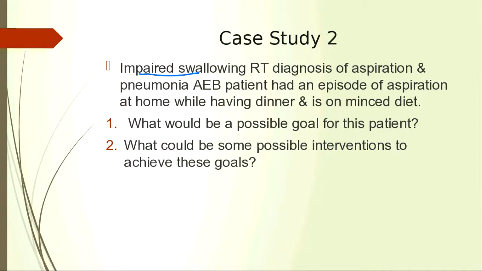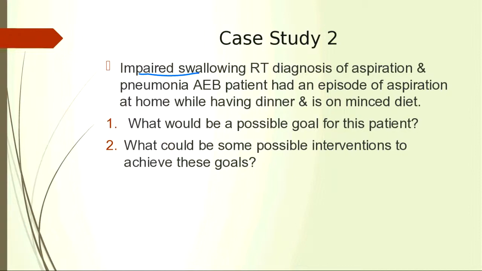So what would be a possible goal for this patient? So a possible goal will be the patient will resume regular diet without experiencing any episode of aspiration within 3 to 5 days. And also, if you will see these patients, especially if your placement comes in a long-term care, very common to have pneumonia and problem with aspiration.